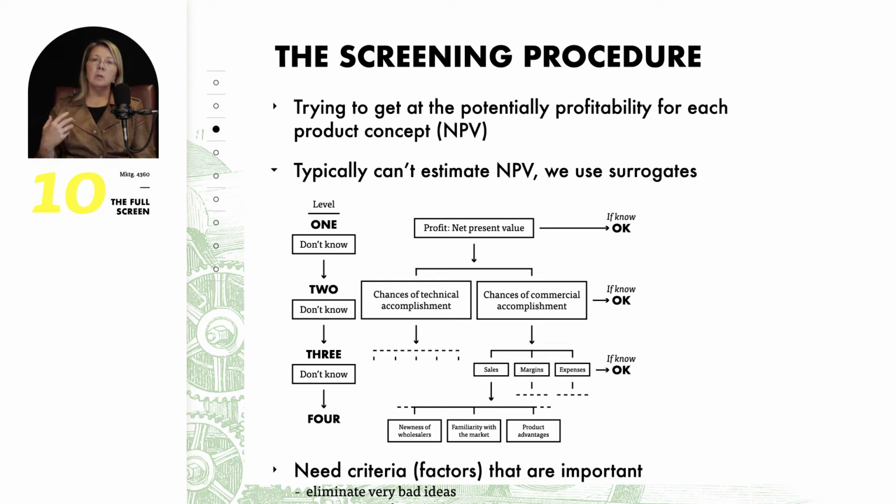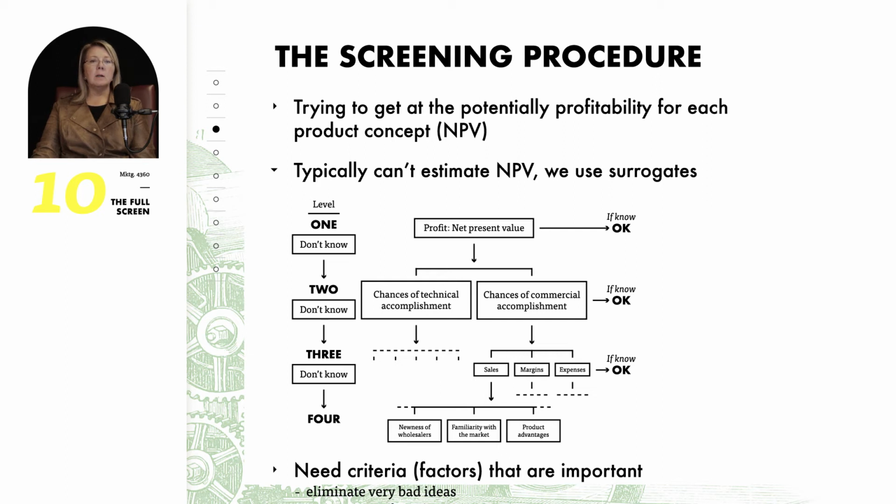If you can estimate sales, profitability or cost, those can work into surrogates for your opportunity for commercial success. That lets you get your arms around what your potential profitability could be, and then also do the same on the technical side. So that's what we're trying to do with the full screen.